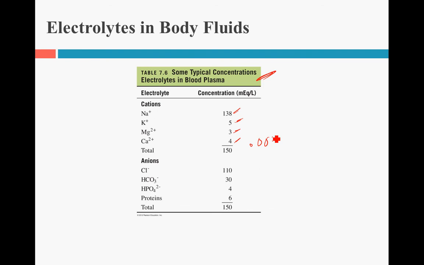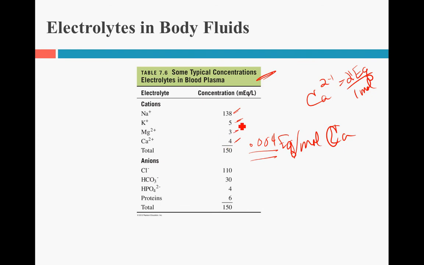Remember that's 0.004 equivalents per mole of calcium. Now remember calcium is a +2 charge, which means a +2 charge has an equivalency of 2 for every 1 mole. That's important. So when we're looking at the comparison of equivalency for calcium versus something like potassium, you're going to need half as much calcium because of the fact that it's a +2 and not a +1.